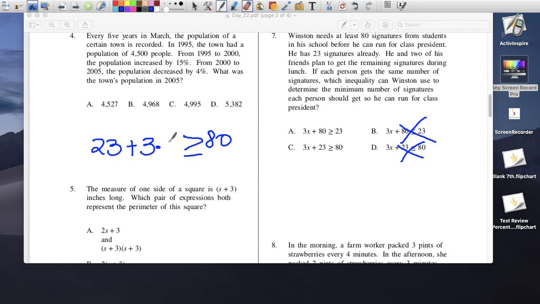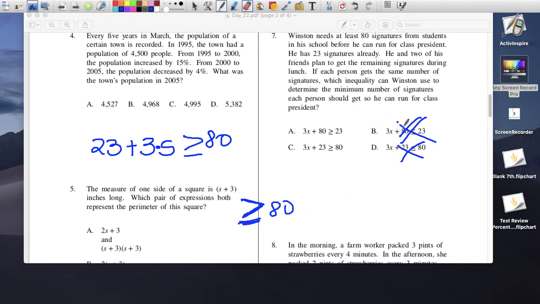Each person is going to get the same amount of signatures. So 3 times the number of signatures plus the 23 signatures they already have has to be greater than or equal to 80. Just by looking at the problem this way, you knew it had to be greater than or equal to 80.